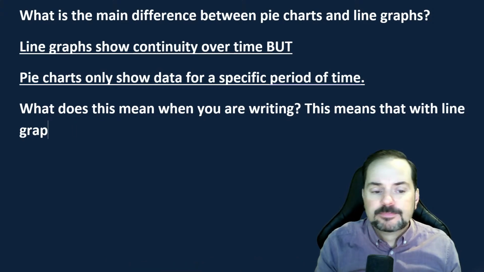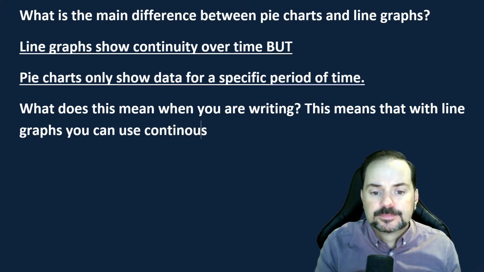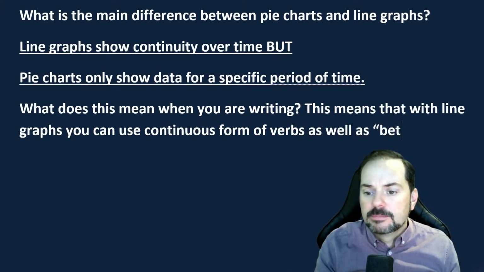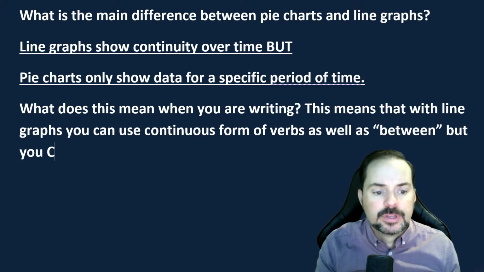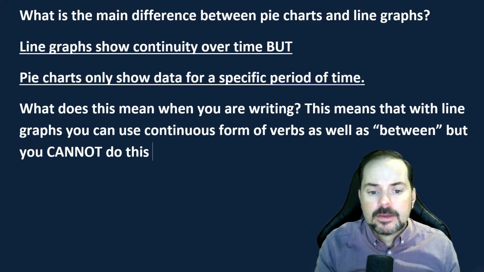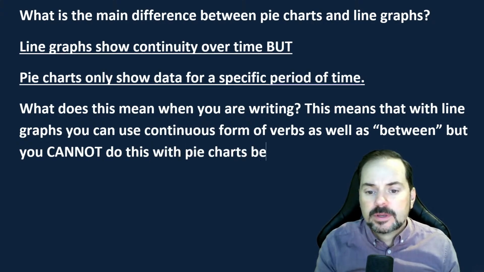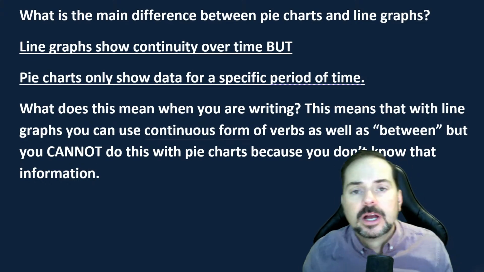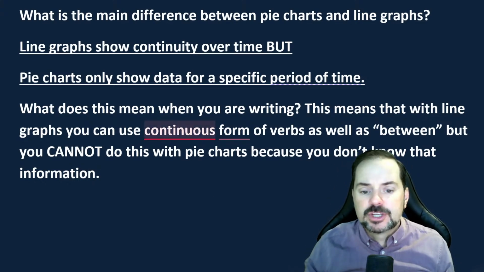With line graphs, you can use a continuous form of verbs, as well as using between. But you cannot do this with pie charts because you don't know that information. And it can be dangerous, especially in the real world, to try to guess that information. Okay?